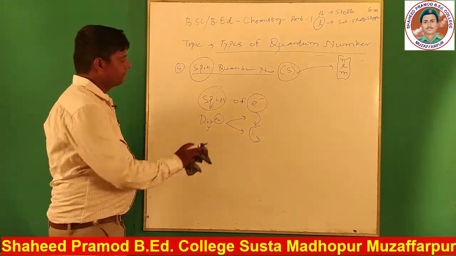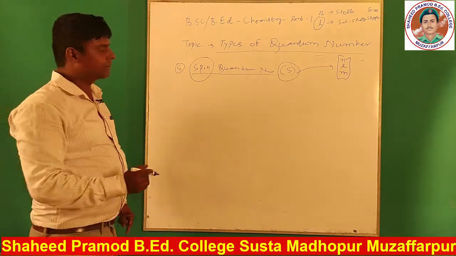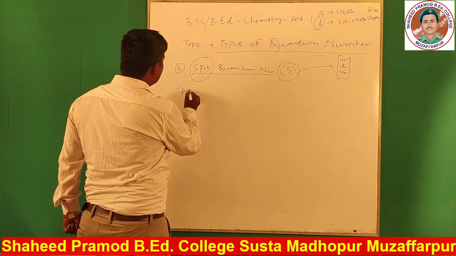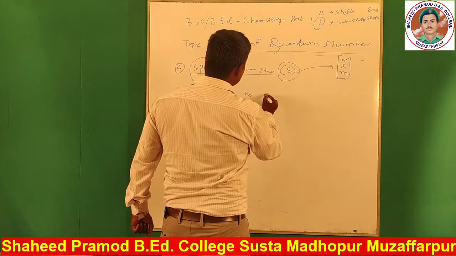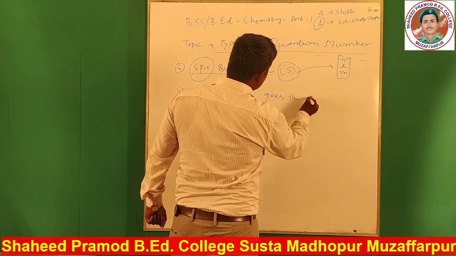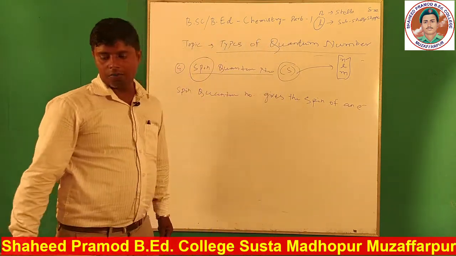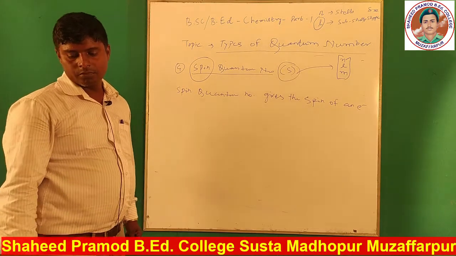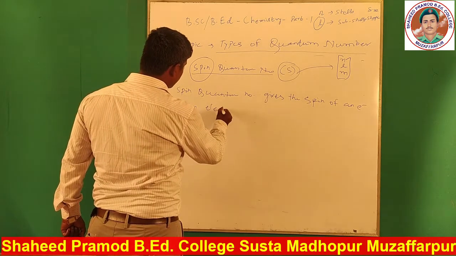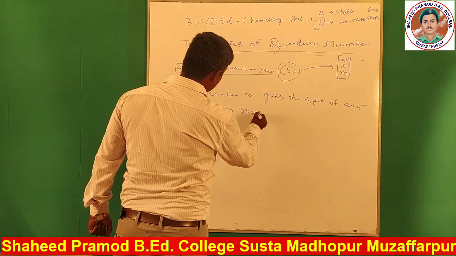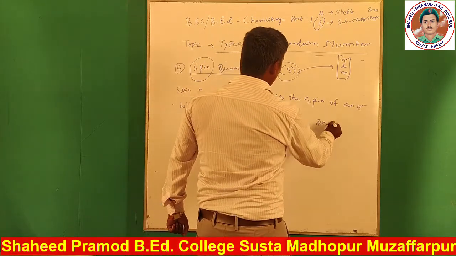Okay. So, you can write down, you can take down. Spin quantum number gives the spin of an electron, when the electron rotates about its own axis.